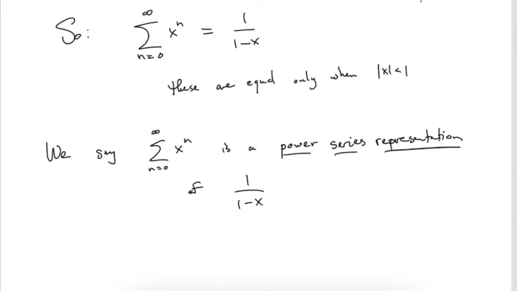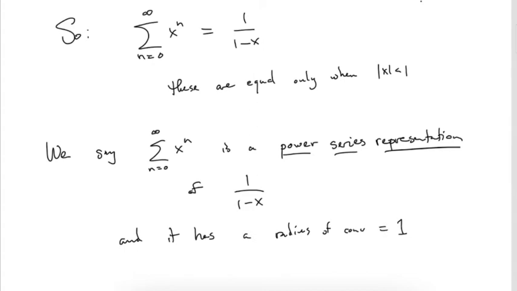And it has a radius of convergence equal to 1 in this example, because it converges when the absolute value of x is less than 1.